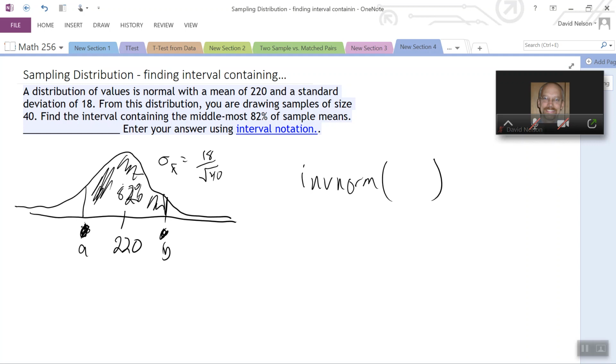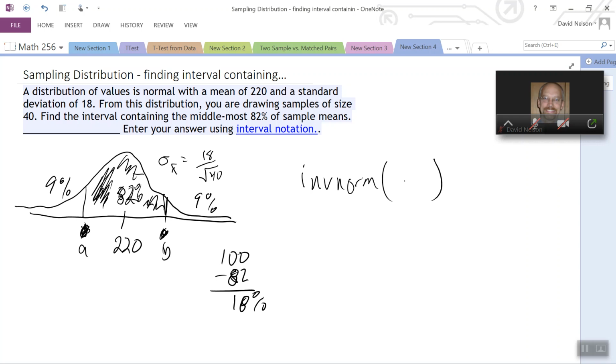If I have 82% here in the middle, that means I've got 18% that I haven't accounted for yet. And that 18% is going to split equally between 9% on this bottom edge and 9% on this top edge, because the normal distribution is nice and symmetric.